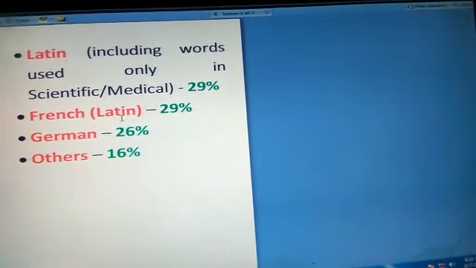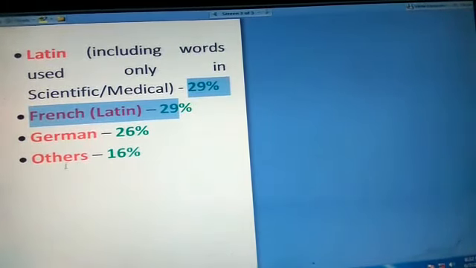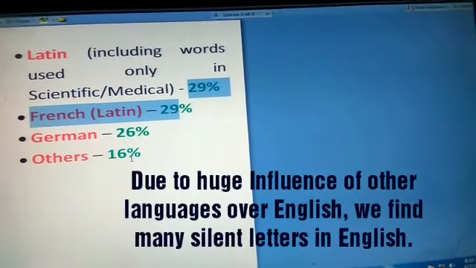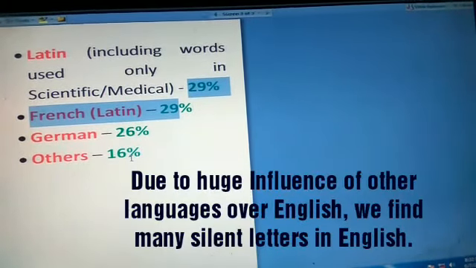So you can see Latin has shared 58% together. After that, German shares 26% of the words in English, and others also share 16%. So you can understand that there are many languages which had a great influence over English. That's why we find many silent letters in English.